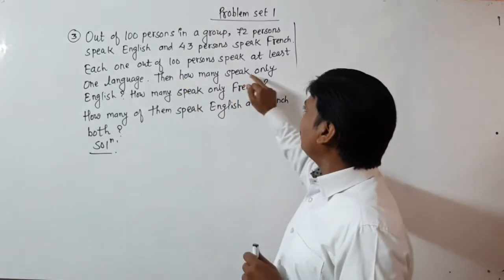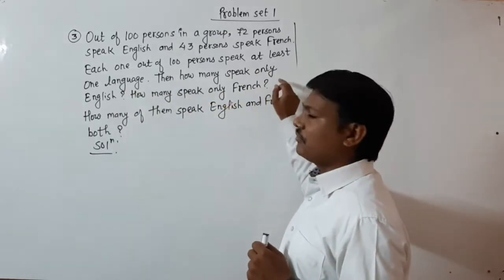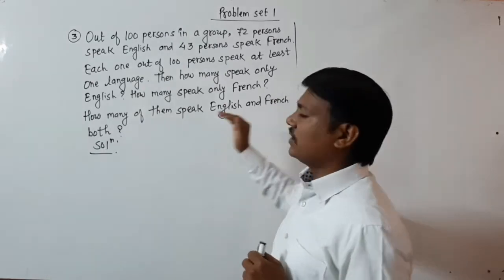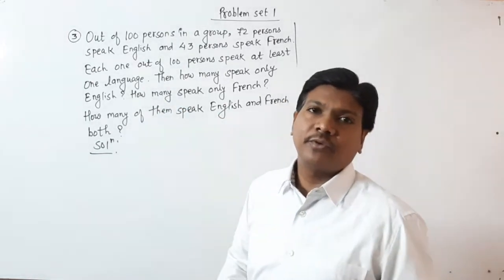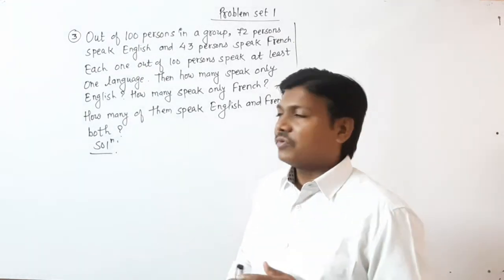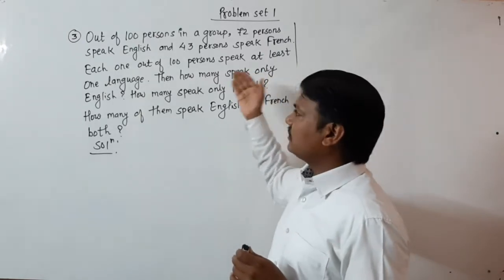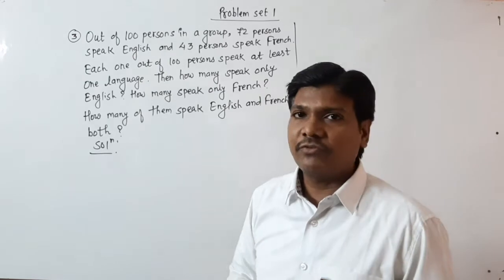Then how many speak only English? How many speak only French? And how many of them speak English and French both? Here the word "both" is used, meaning you have to find the intersection. First we find the intersection, and then the number of persons who speak only English and only French.